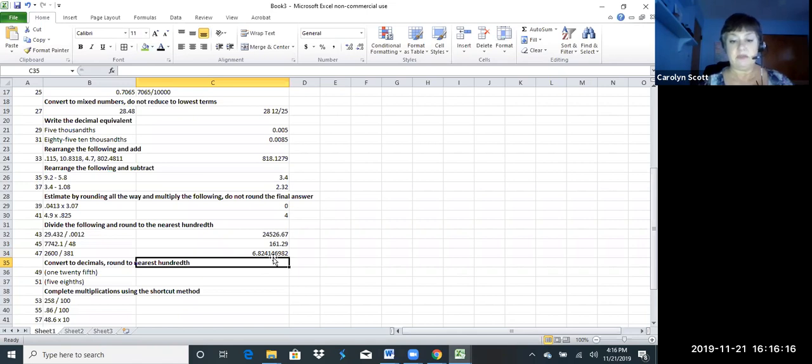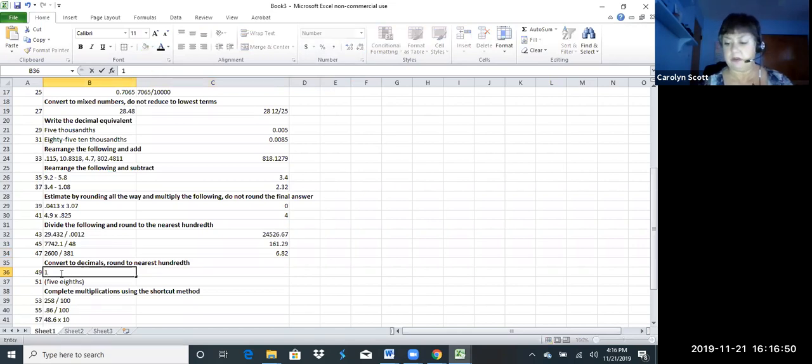Again, 5 is equal to 5, so it makes this 1 a 2. 2 does not affect the 4. And 4 is less than 5, so it does not affect the 2. So our answer should be 6.82. And let's see if we're right. And we are.